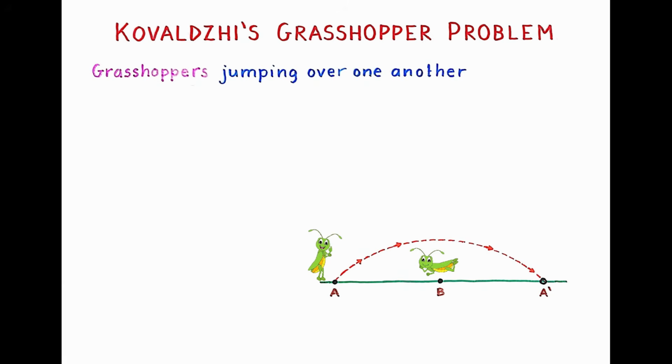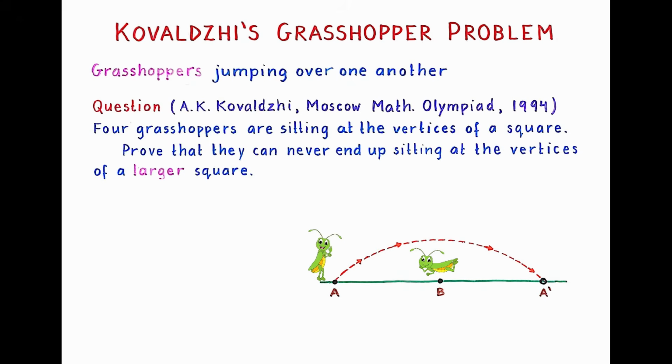And the problem is the following. Imagine that you have only 4 grasshoppers, and I show it to you because I worked very hard on this, and I didn't require any help from ChatGPT or whatever. So only 4 grasshoppers, and they sit at the vertices of a unit square. And they start jumping.